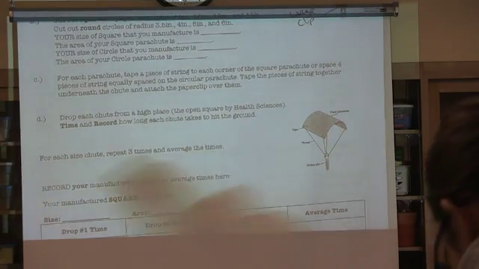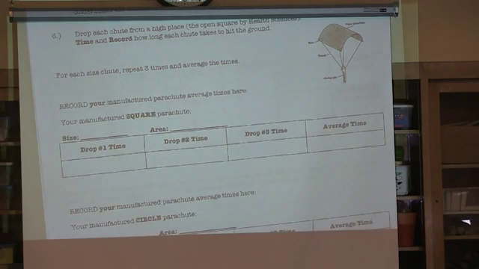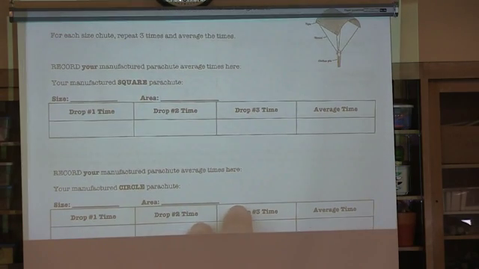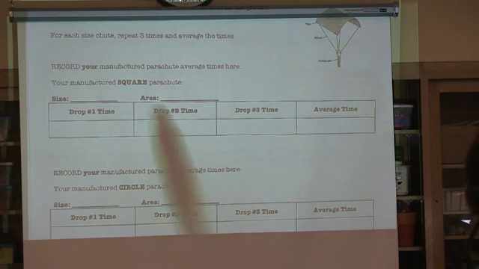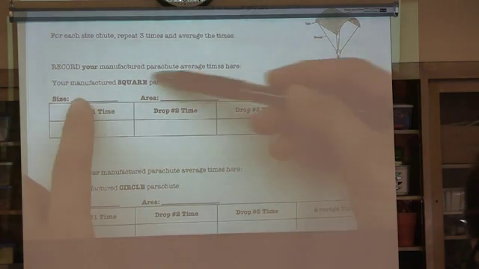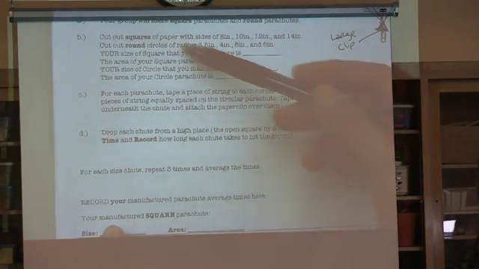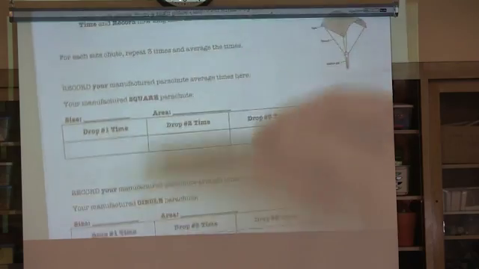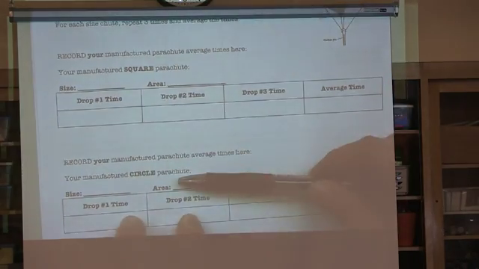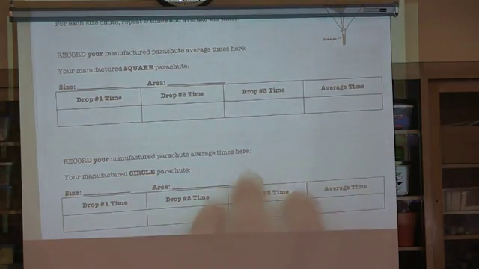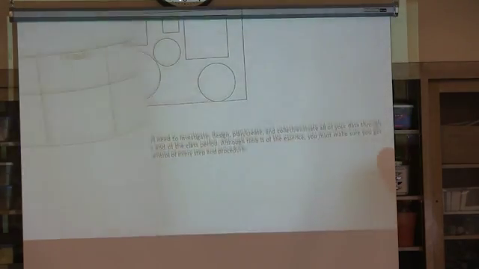Because we're going to be looking at drop time for the different parachutes, before you can drop them, you have to have them all manufactured. Whatever you as a team decide and break up, you're working together, but each of you is responsible for one square parachute, one circle parachute, except for the table with more to do.